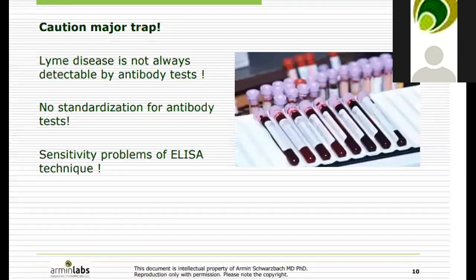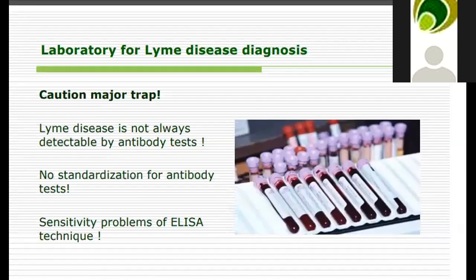Now I come to the laboratory. You all know that we have a major trap with false negative antibodies and chronic Lyme disease. And Lyme disease is or was not always detectable by antibody tests. We don't have a standardization for antibody tests, and we have sensitivity problems of the former old-fashioned ELISA technique.